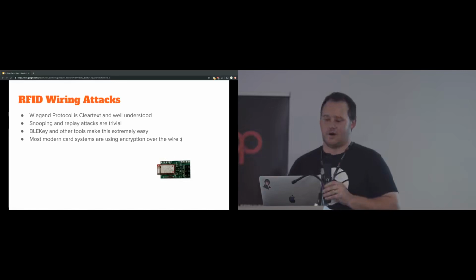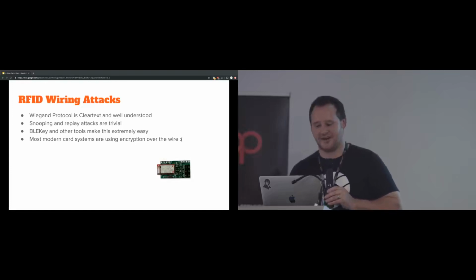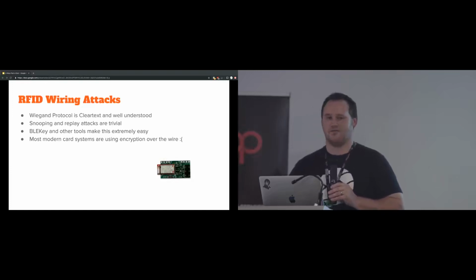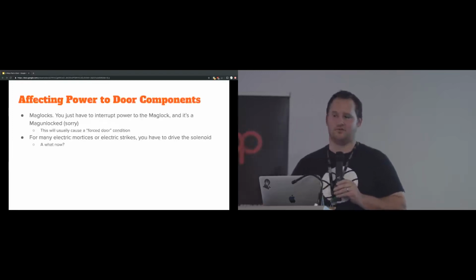You gain access to the wiring, you tap it with that, and you can just capture, replay. It's very clean. But that's really against legacy systems like HID Prox. It's very elegant, but again, vulnerable installations are decreasing. Part of that is because modern card systems actually use cryptography between the readers and the door control systems, which effectively prevents this technique.